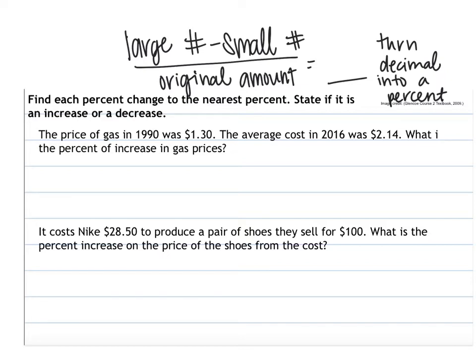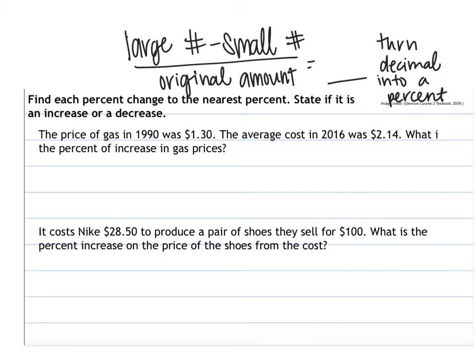So our directions here: find each percent of change to the nearest percent. State if it's an increase or a decrease. So the price of gas in 1990 was $1.30. The average cost in 2016 was $2.14. What is the percent of increase in gas prices?